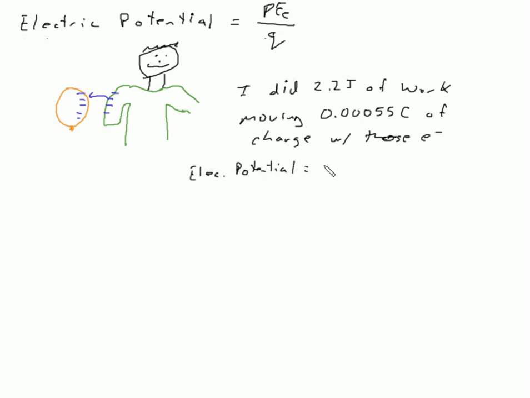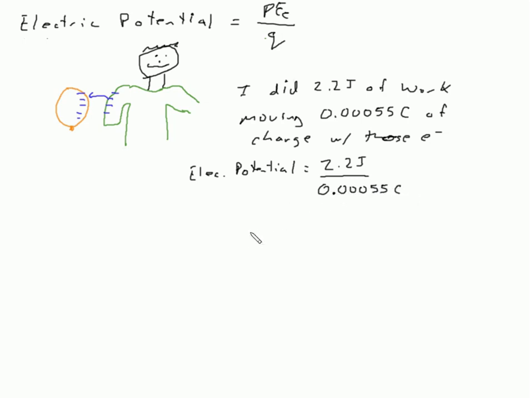So my electric potential is equal to that potential energy, and that's the same as the amount of work that I did. So I have 2.2 joules divided by my charge, 0.00055 coulombs.